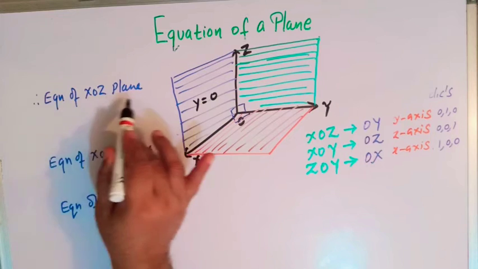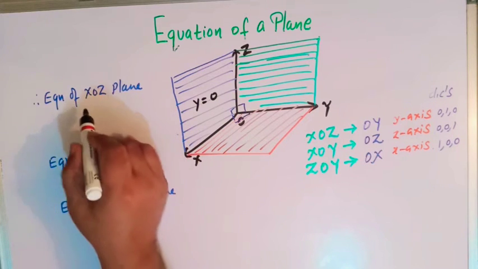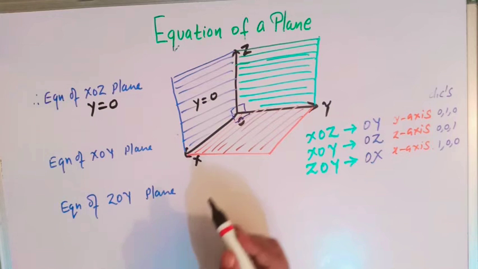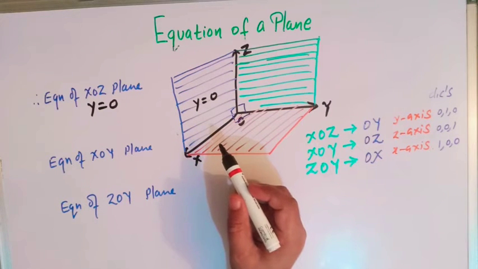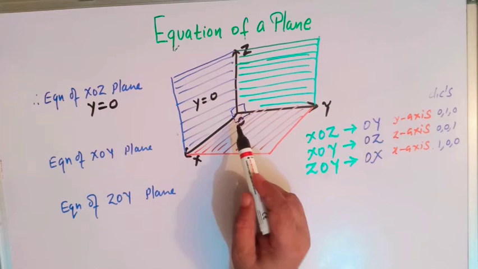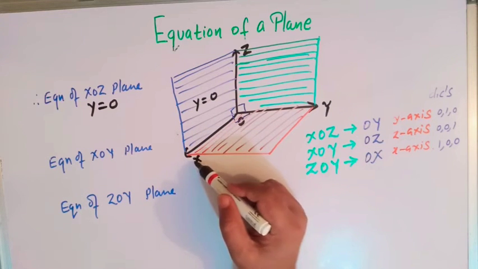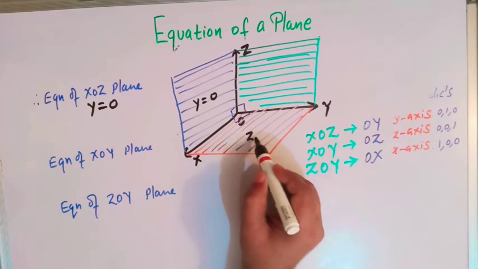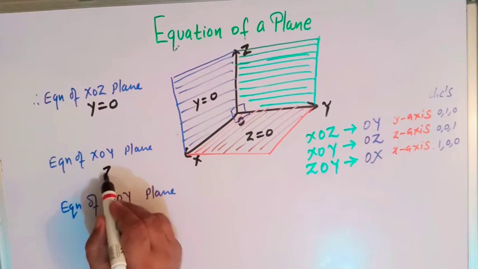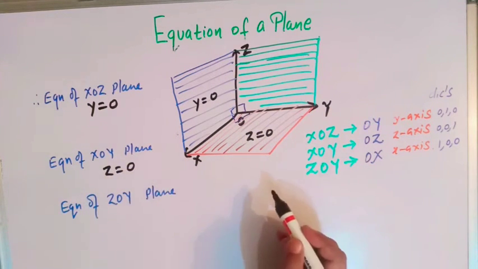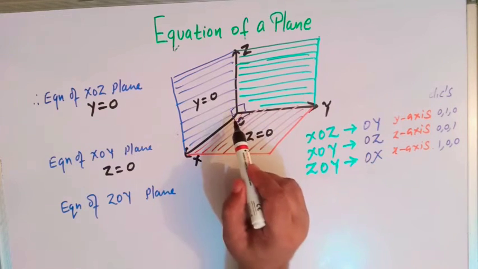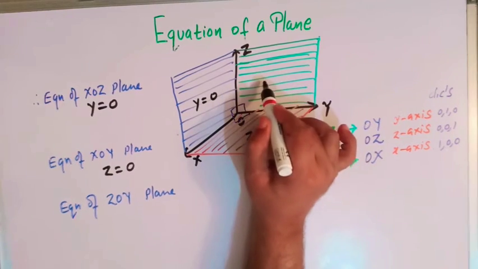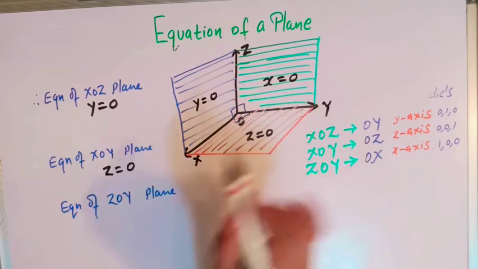So therefore the equation of XOZ plane is y is equal to 0, right? Similarly, the equation of XOY plane is z is equal to 0, and the equation of ZOY plane is x equal to 0, right?